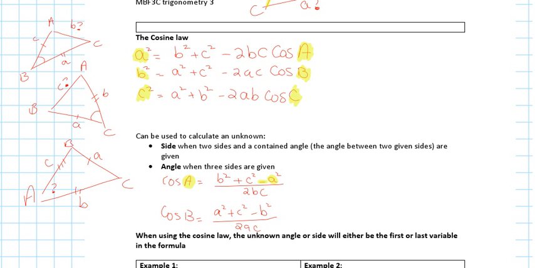Okay? Remember that the formulas will be given to you, but just in case I give you X, Y, Z, you need to be able to change the letters properly. Okay? What would it be for angle C? So if I'm looking for angle C, what would it be?